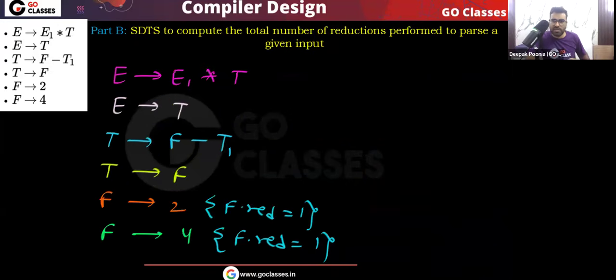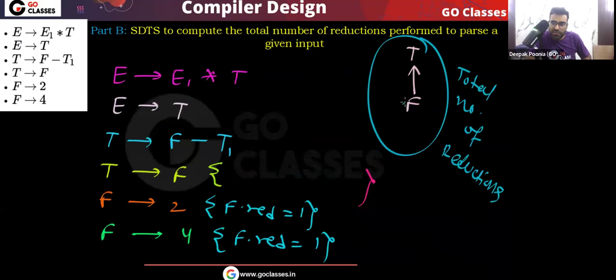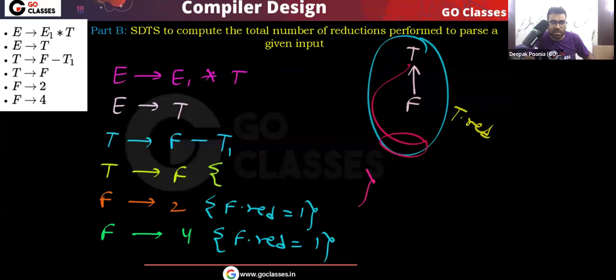Now I am asking a very simple thing. F is reducing to t, so what will be t dot red? What is t dot red? T dot red means, first of all, let me ask you, what is t dot red? You can see t dot red, that means when some input will reduce to t, then what will be the total number of reductions?